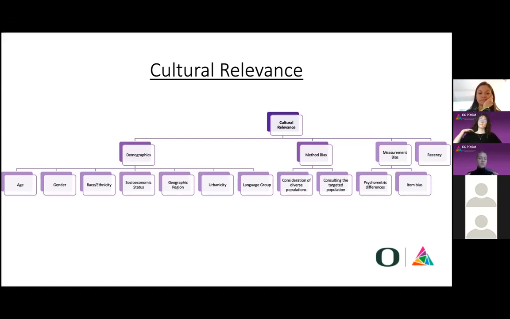When setting your preferences, you can go to the preference setting and type in whatever your cultural relevance criteria is. The scores go from 0 to 10, so wherever you put your threshold, you can use the filters to show only measures that meet those preferences.